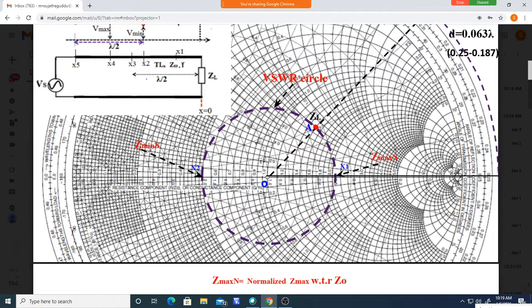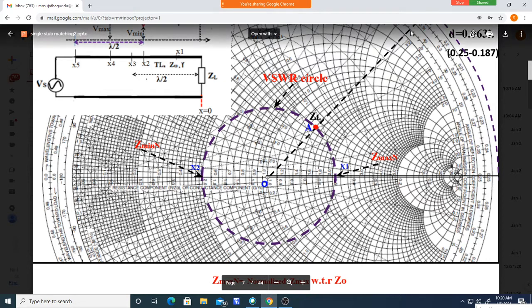If they ask you to find at what distance from the load the real part of the impedance is equal to 1, what we have to do is start from ZL and go on moving like this. Wherever it intersects the R is equal to 1 circle, you stop here. The normalized impedance here is 1 plus jX, X may be anything, but the real part is 1. Draw a line from the center passing through this point and measure the distance.